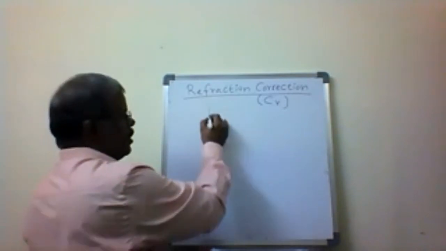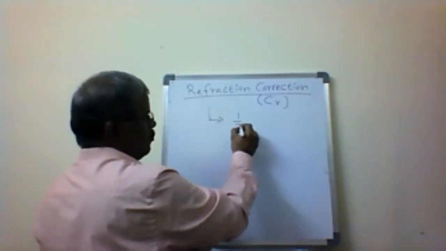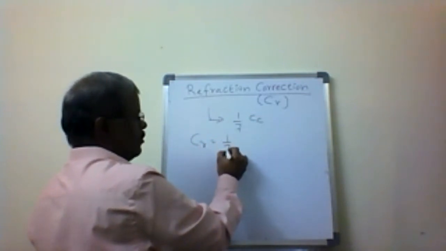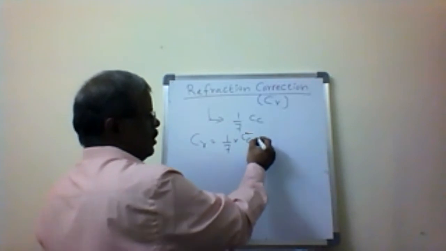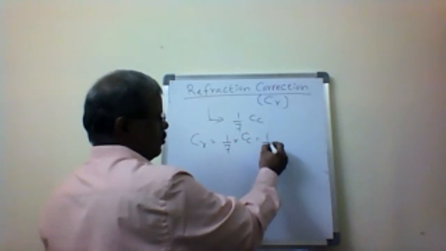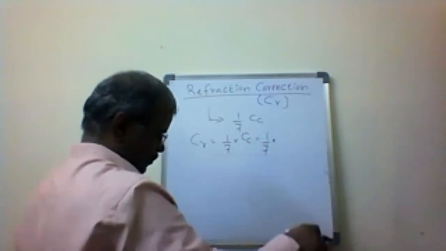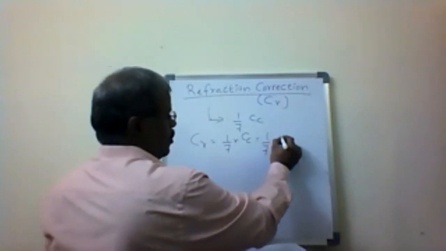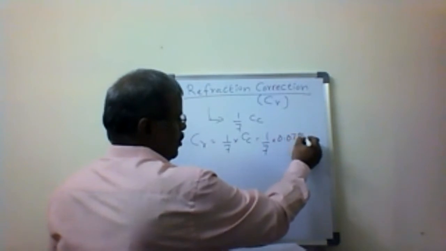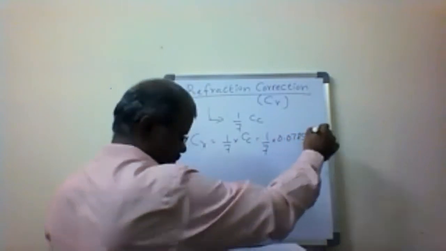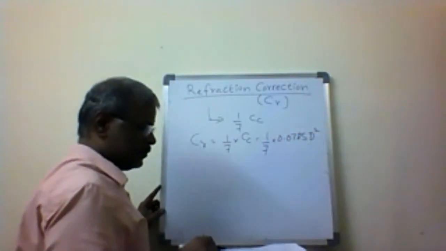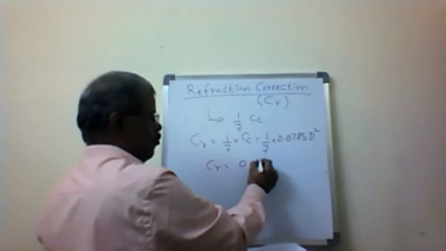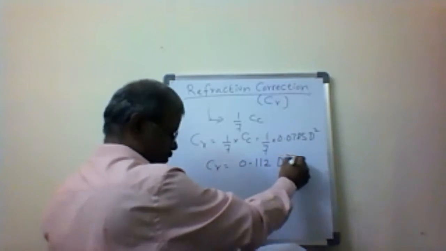It is estimated as 1/7 times CC. So CR equals 1/7 times the coefficient of curvature, that is 1/7 times 0.0785 D square. So CR equals 0.0112 D square.